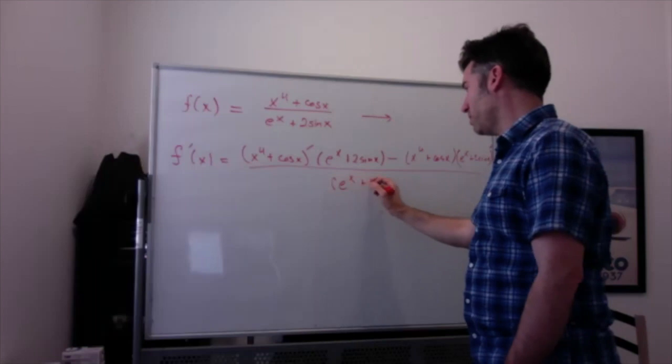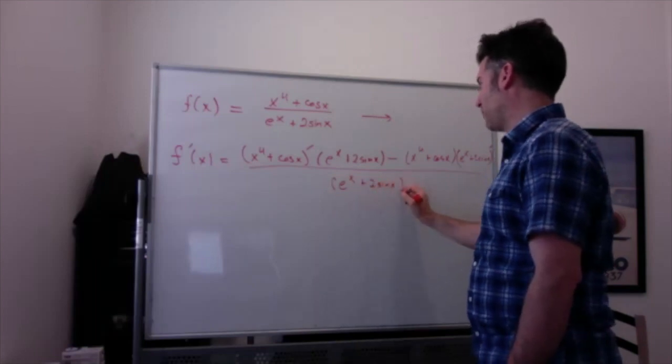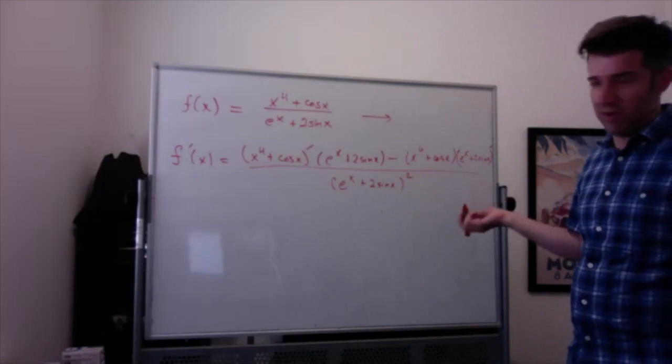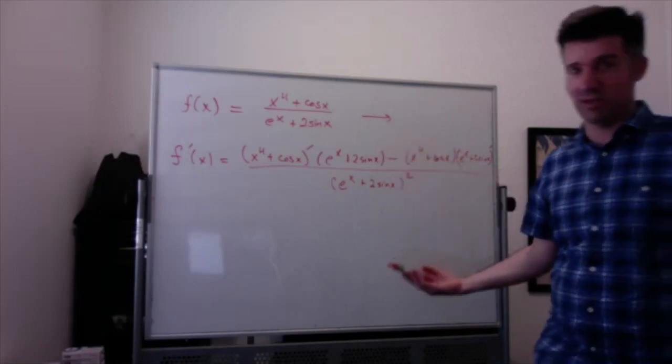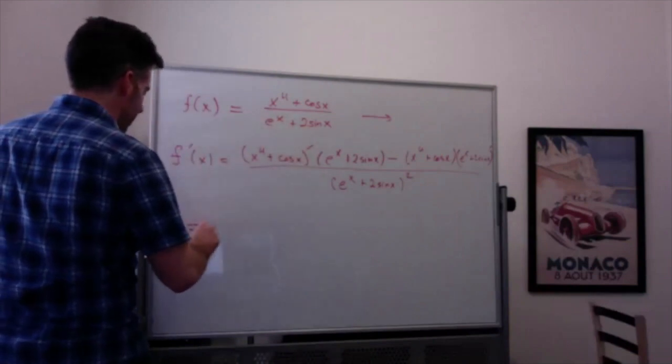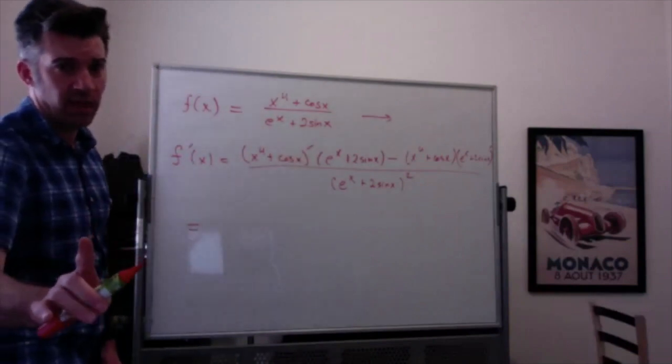Now, I don't recommend doing this if you don't have to. If you can just find the derivatives of each thing, you should do it that way, because this is a lot of extra writing, since now I'm going to rewrite the whole thing and actually take this derivative. I'm going to make a mistake, and then I'm going to point it out.